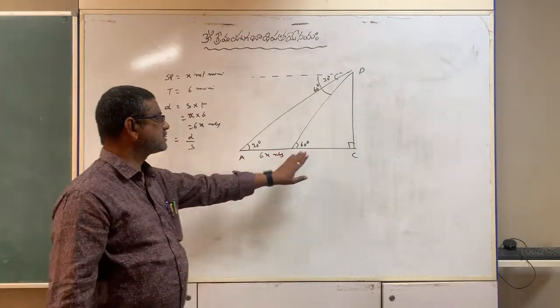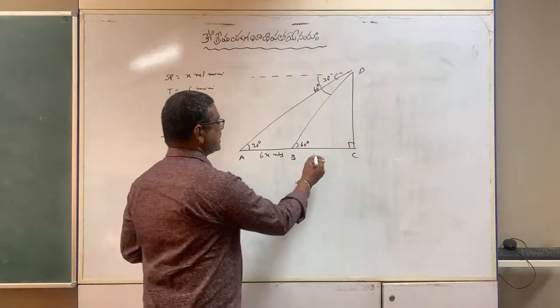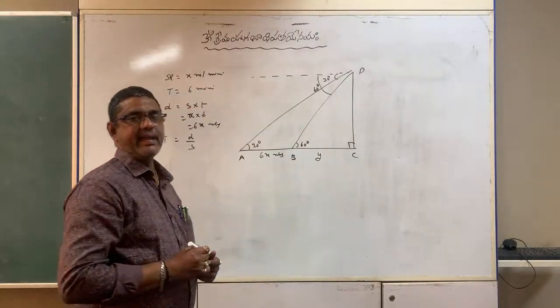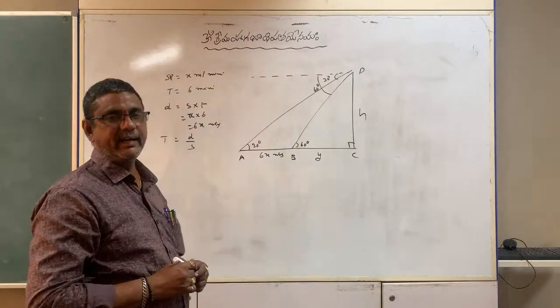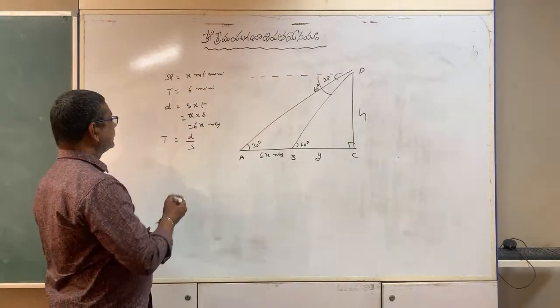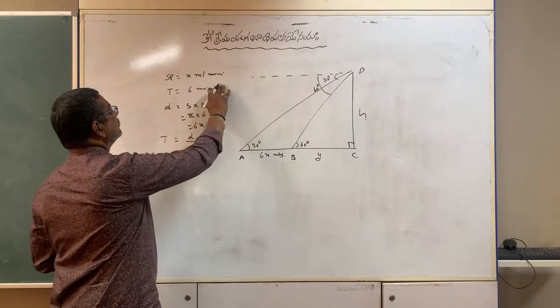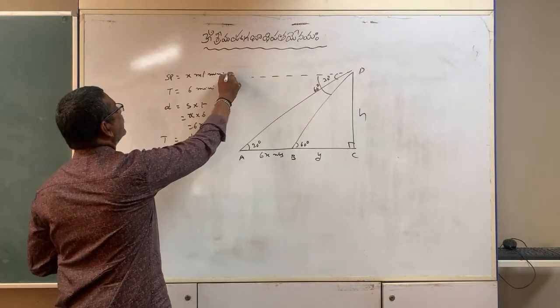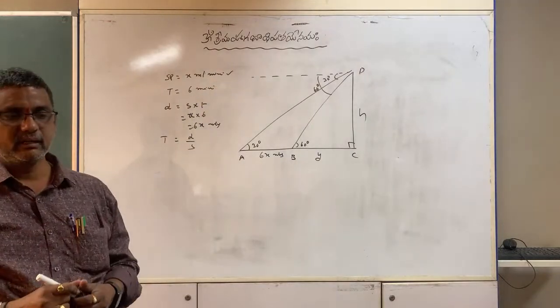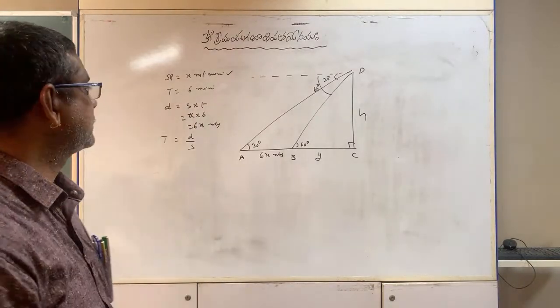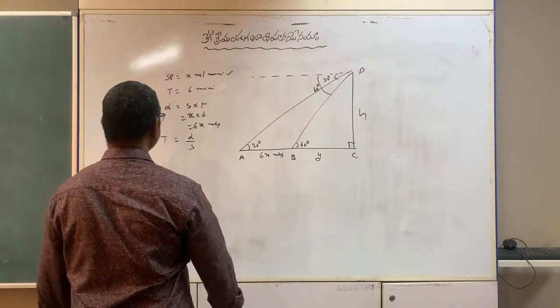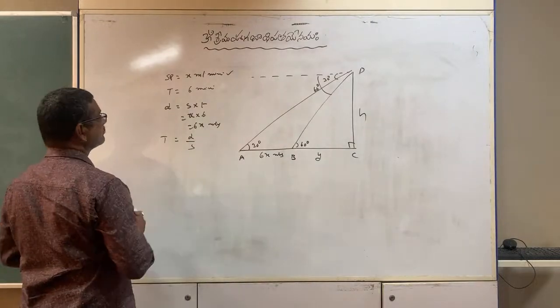Distance we don't know, so we need to find BC. Let it be y. We don't know the height either, but speed we know, x meters per minute. Okay? Now.